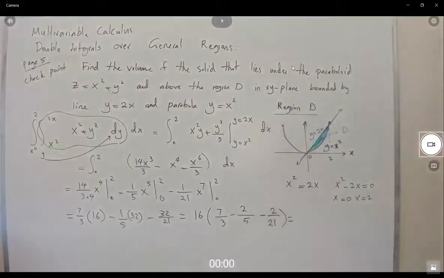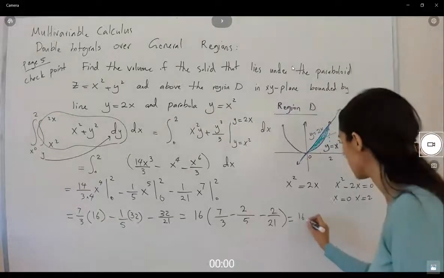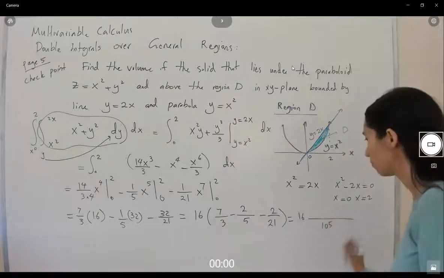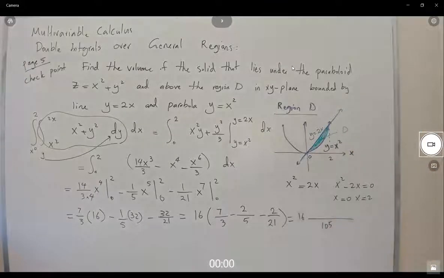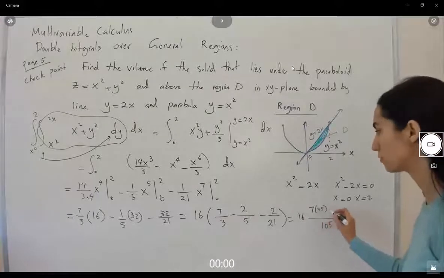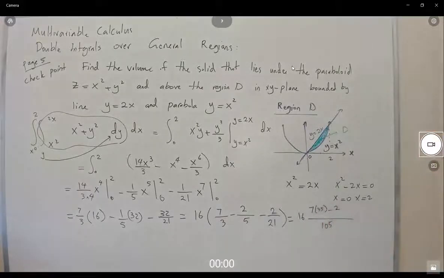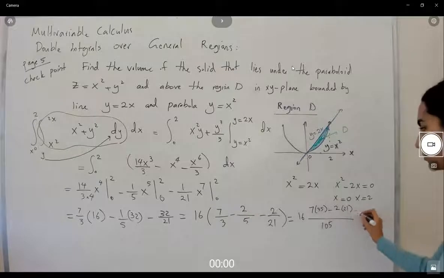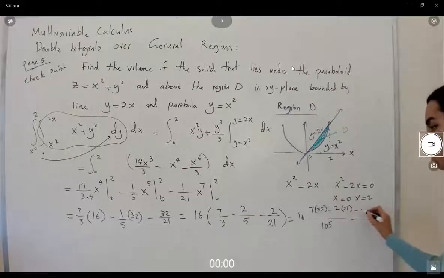Okay. My common denominator is going to be 105, so I have 16 over 105 times 7 times 35 minus 2 times 21 minus 2 times 5.